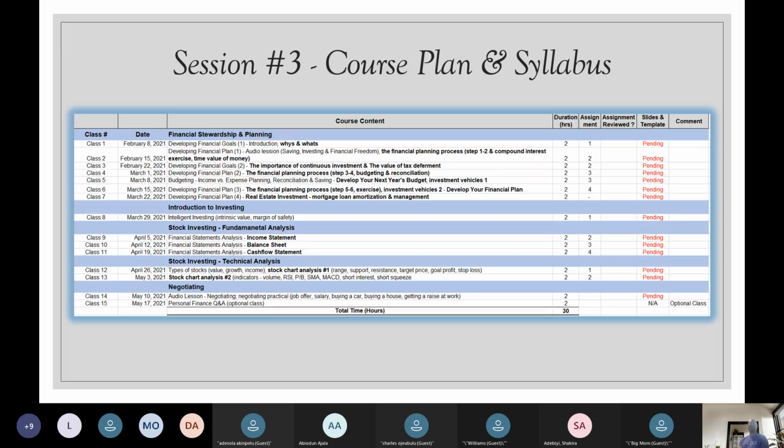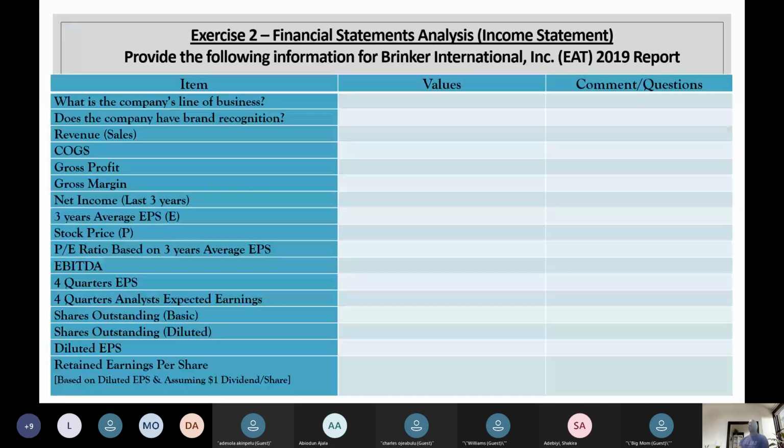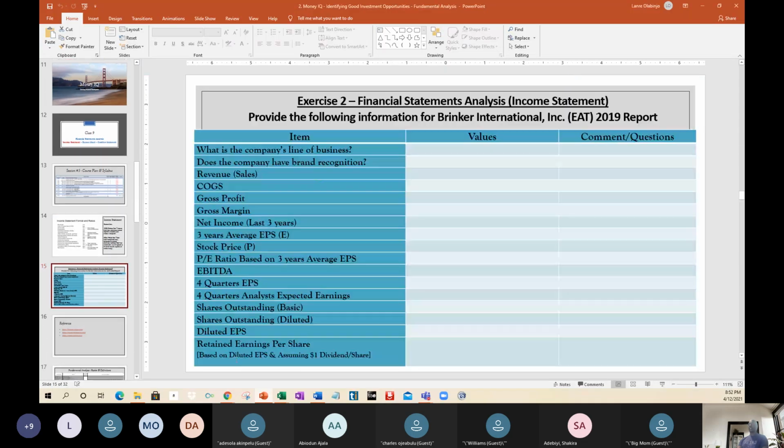But to round up for tonight, there is an assignment that will be in the package that I will send for tonight. It is to look at the income statement for a company called Brinker International. Let me actually check something out.